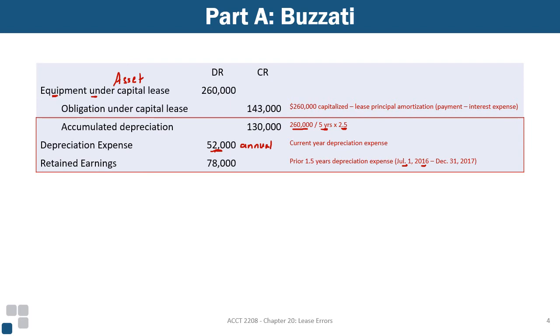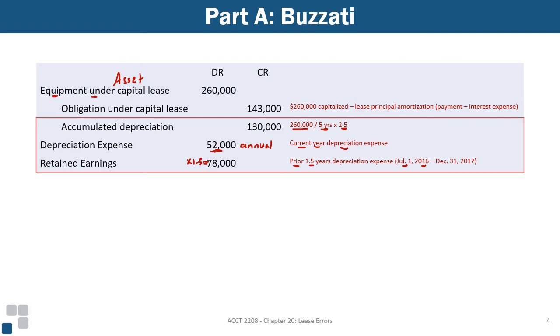So we can debit the depreciation expense for the current year. And knowing that, $52,000 times 1.5 will give us the amount of depreciation that should be recorded in prior years. So that's why prior 1.5 years. $52,000 times 1.5 years is $78,000.